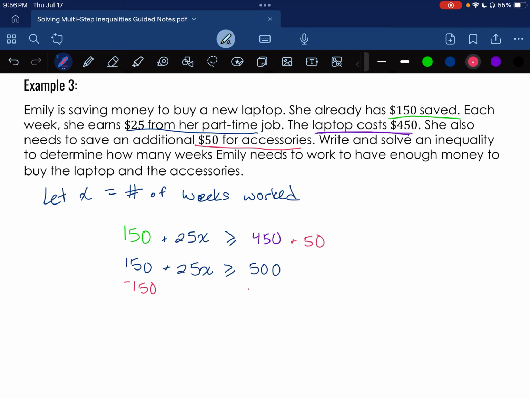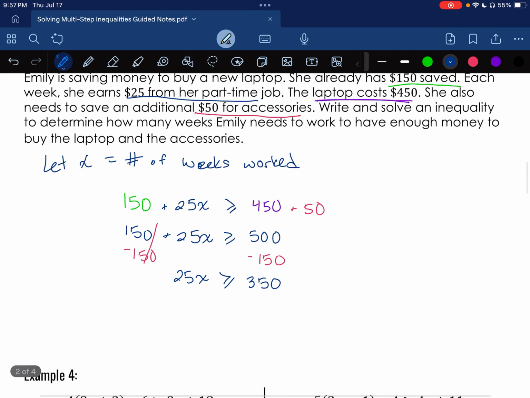We don't have to worry about 150 of that amount. So this is gonna take us down to 350. And now if she's every week making $25, if I divide that amount by 25, I'll figure out how many weeks she needs to work. And so that will be 14.